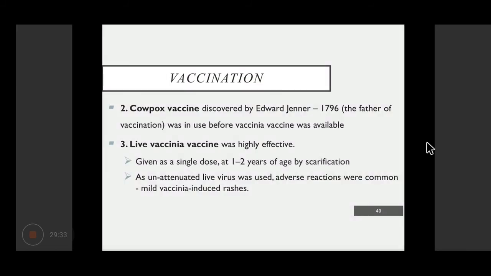After that, as you all know, Edward Jenner came up with the cowpox vaccine. This vaccine was also somewhat similar to the practice of variolation, but the difference was he used a different virus, that was cowpox.